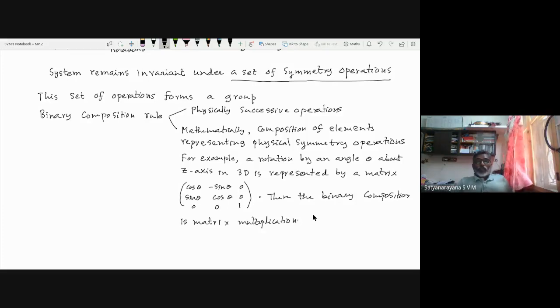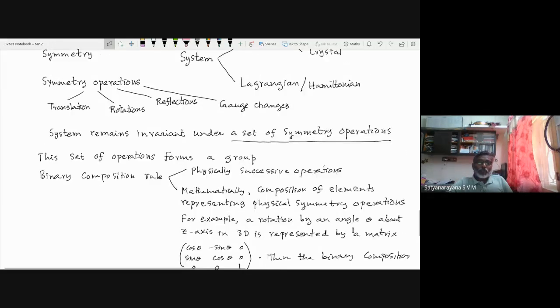So now, once we understand that the symmetry of a system, or the set of symmetry operations of a system, forms a group, then all that we are going to learn in group theory will be useful tools to analyze this system. Okay.